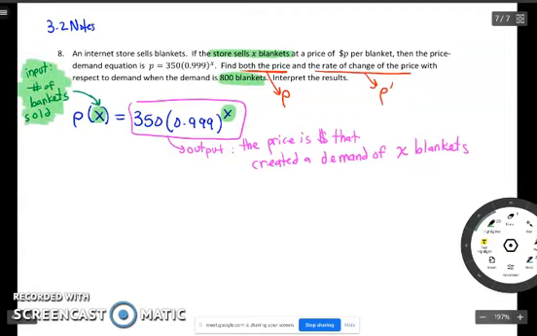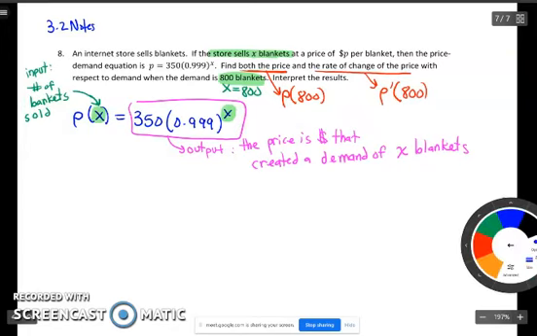So that just tells me my X is going to be 800. And I need to input that X into the P function, and I need to input that X into the P prime function. Okay, well, we have the P function. Let's find the P prime function. Then we'll plug in the 800s. And then we'll do our interpretation.